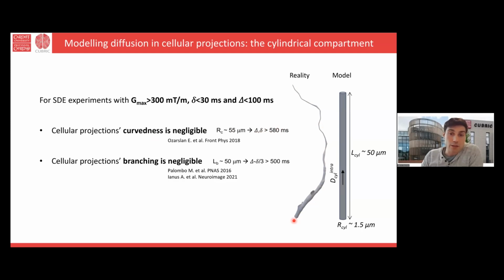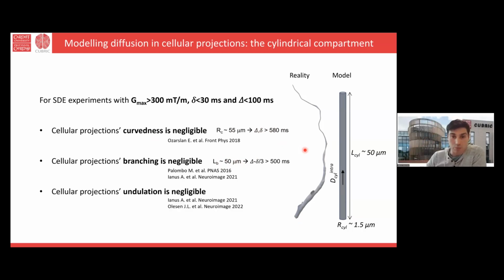The branching can be neglected because the length of the fiber, again, is about 50 micron. So you need a longer diffusion time to start appreciating the finiteness of the dendrites, for example. And the projection undulation is also negligible, given that we have measured the microscopic orientation dispersion, and according to these works, the impact is pretty negligible.